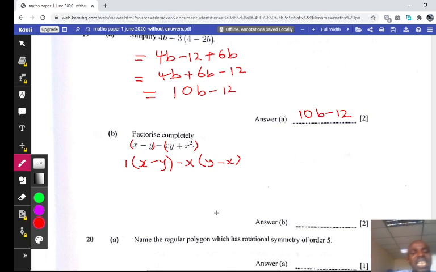So if it's not the same like this, what are you supposed to do? It means you have to exchange your values. So let me undo this one so that I can exchange the values, right?